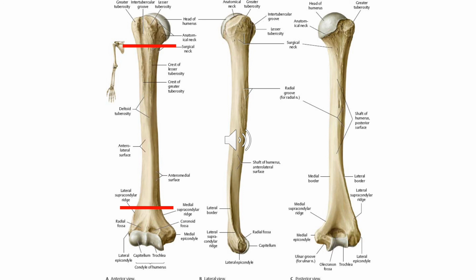If you can see them, you are looking at the anterior view. And if you can see only the olecranon fossa, that means you are looking at the humerus from the posterior view. In this case, the diagram used in this presentation is of the right humerus.